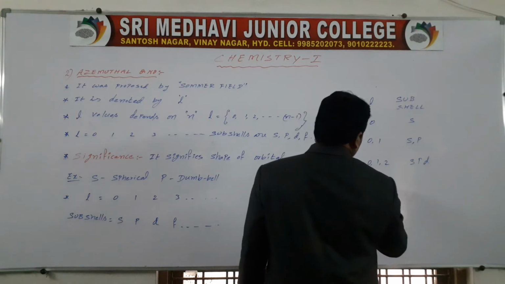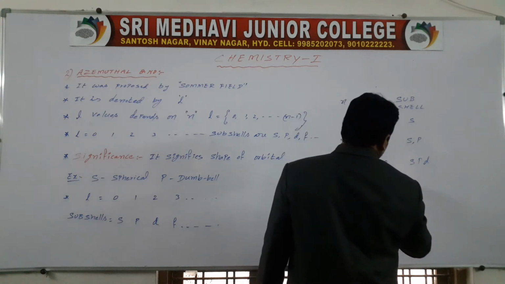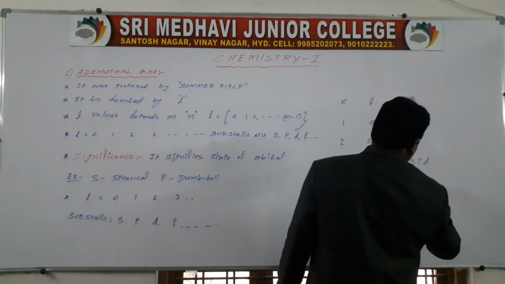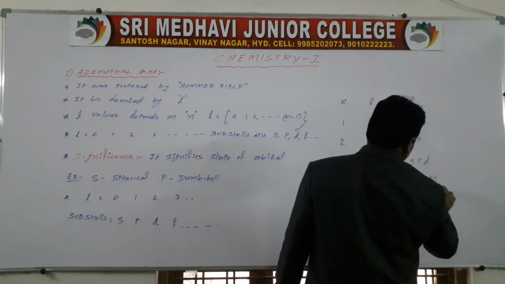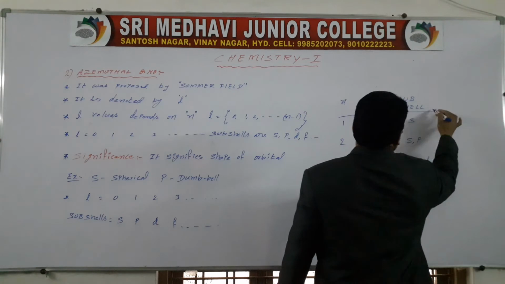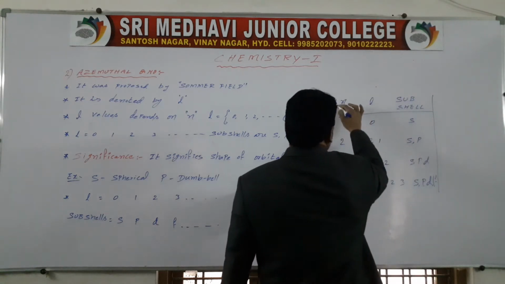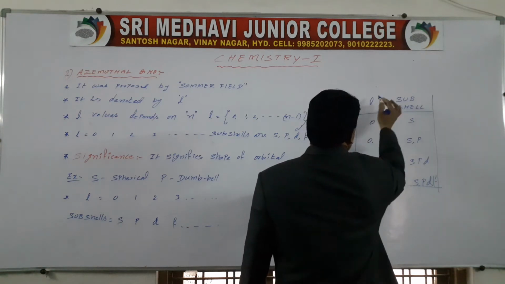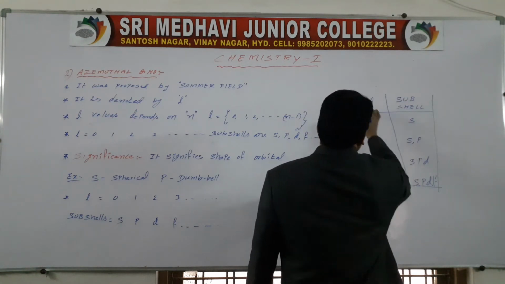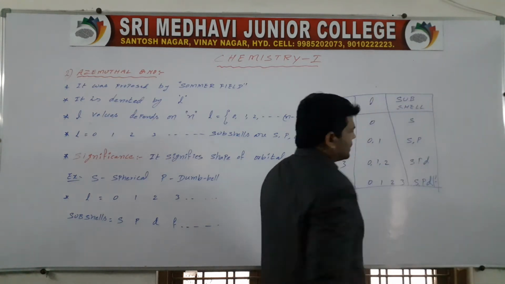If it is 4, then 0, 1, 2, 3, subshells s, p, d, f. So this is the table you have to know: the n value, the L value, and the subshell.